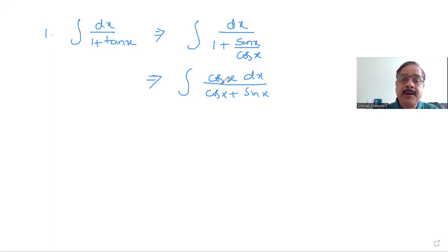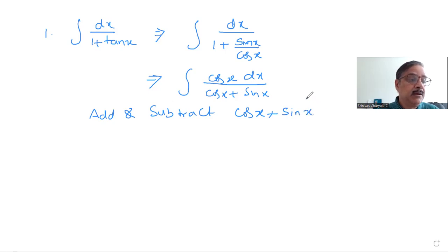Next step, I will add and subtract cos x plus sin x to the numerator. See what I'm doing. Add and subtract cos x plus sin x to the numerator, plus cos x minus sin x.